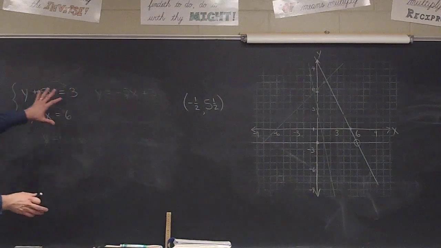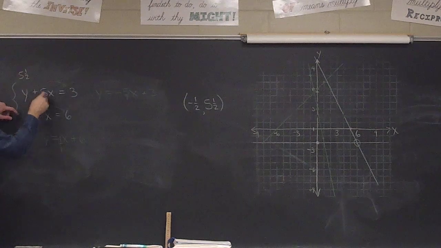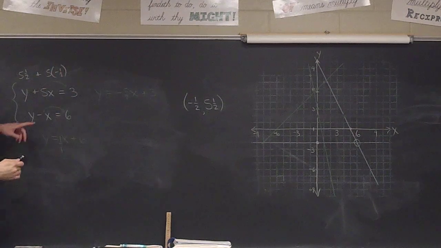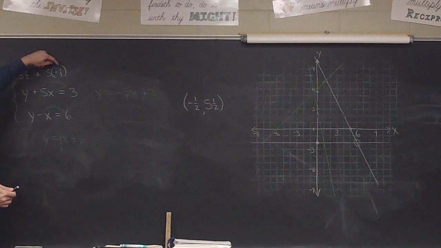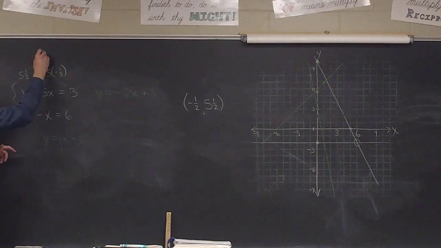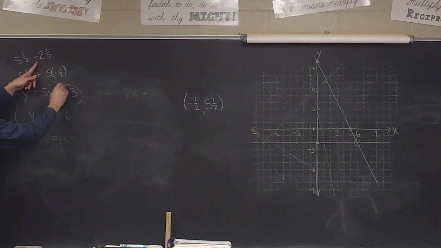Let's check here. So if I've got 5.5 plus 5 times -0.5. Well, what is half of 5, class? 2.5, but negative. So that means -2.5. So 5.5 minus 2.5. Will that equal 3?